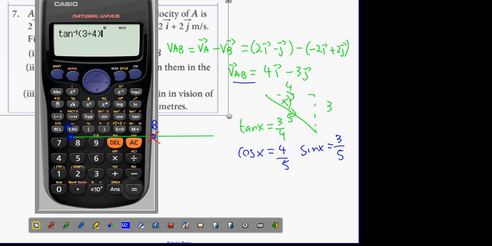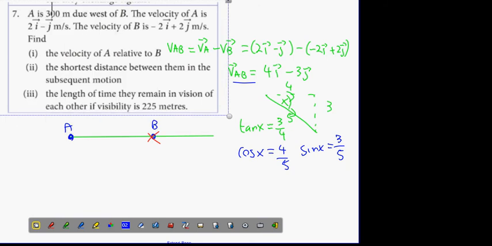It's in radian mode, so if you ever see you getting a weird answer, just press shift, set up, number 3 for degrees, and then press equals again, and you get 36.87 degrees. So 36.87 degrees is X.